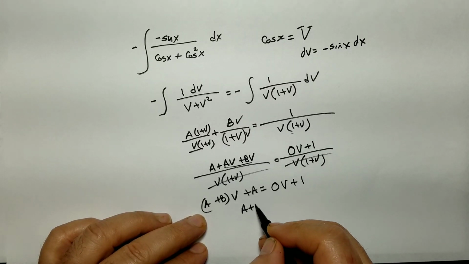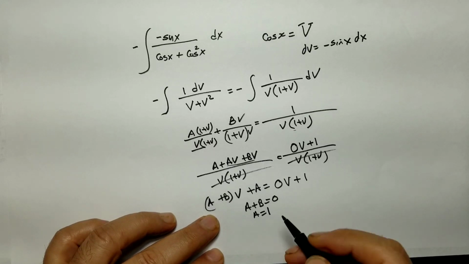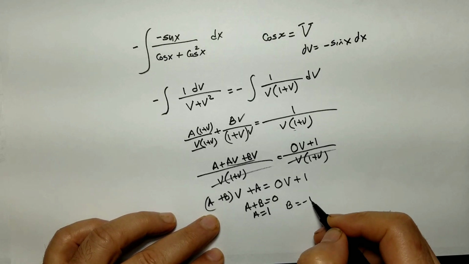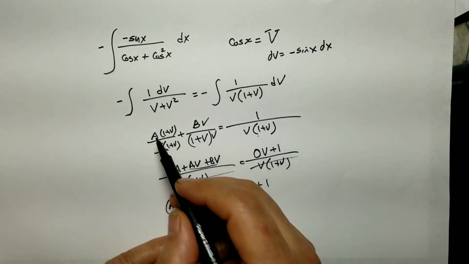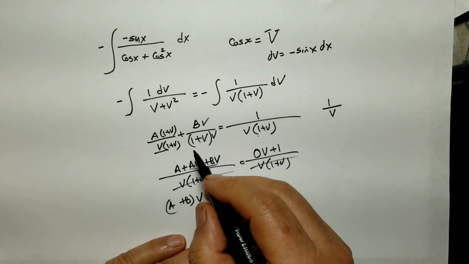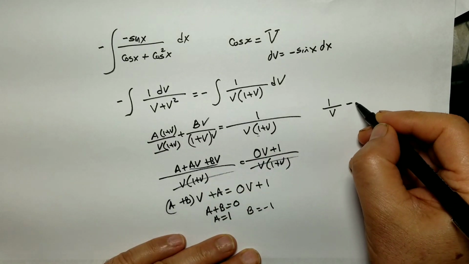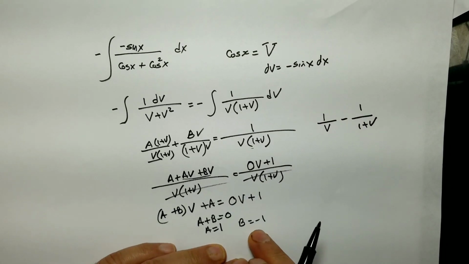That's very easy. A plus B equal to 0, and A is 1. If A is 1, B is negative 1. That was so simple. My A over v becomes 1 over v. My B over 1 plus v becomes negative 1 over 1 plus v, because B was negative 1.